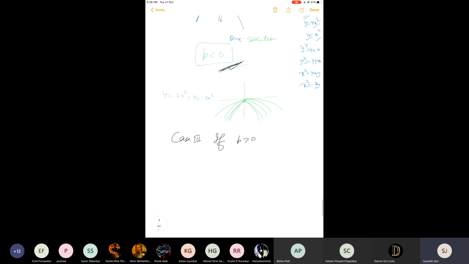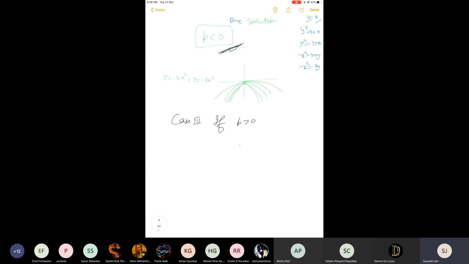But let us see if it will happen. Again, draw the two curves. Ultimately you have to solve this equation only, and for this you draw the two curves y equals px square and y equals ln x. This is your y equals ln x.